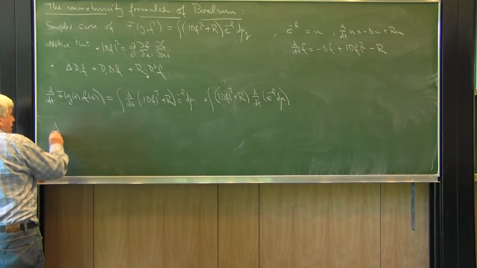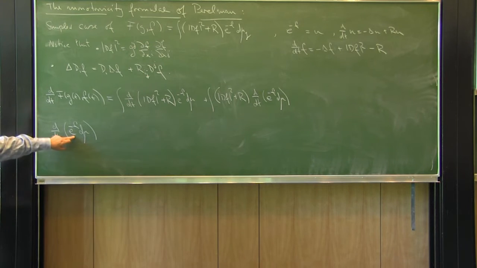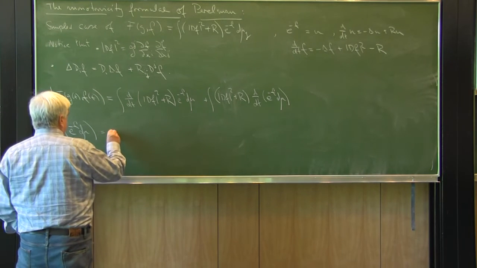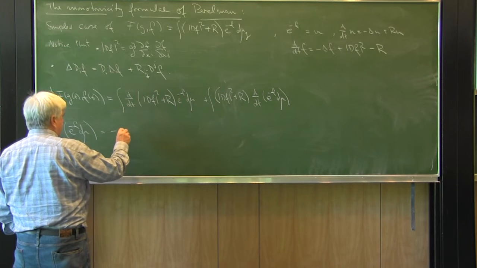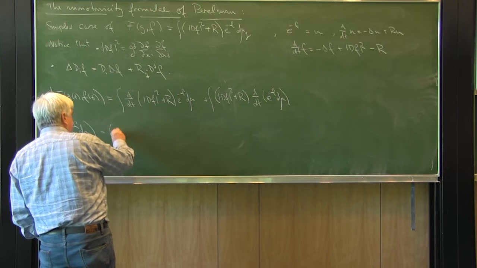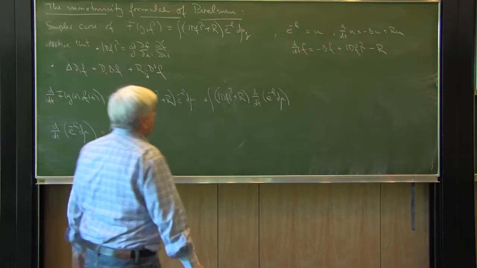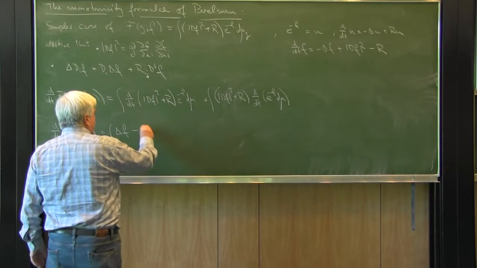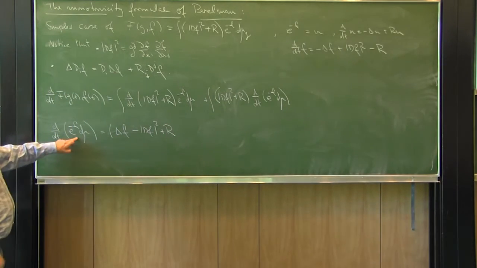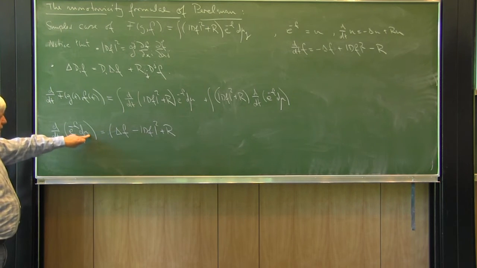And ddt of e to the minus f d mu is, from the f we get minus ddt f, which is plus Laplacian f up here, and then minus gradient f squared plus r, and from the times e to the minus f, and from here we get a minus r.